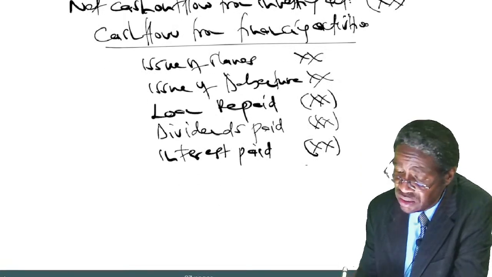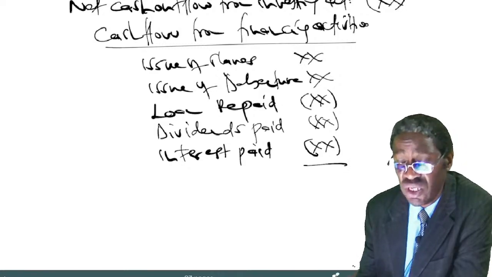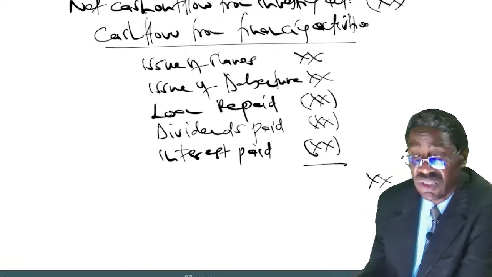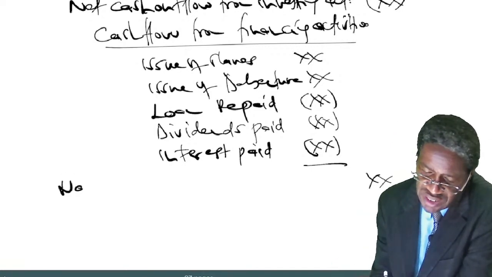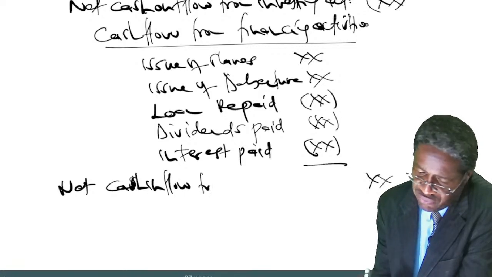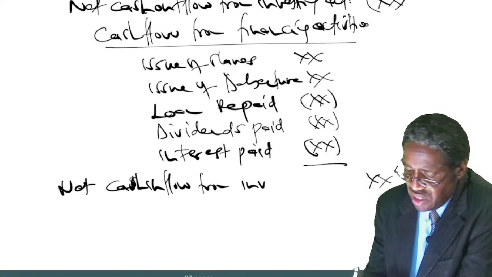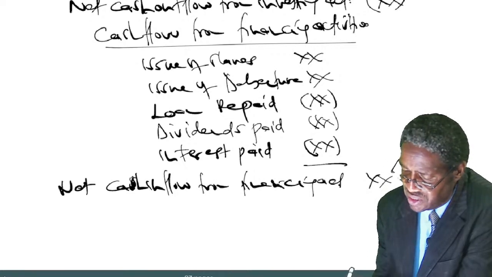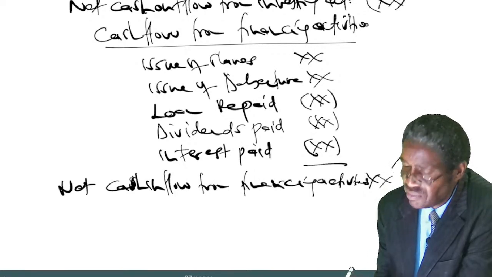Get the net. Push it to the extreme. Let me assume again it's a positive. That is what I called net cash inflow from financing activities. Net cash inflow from financing activities. Good.